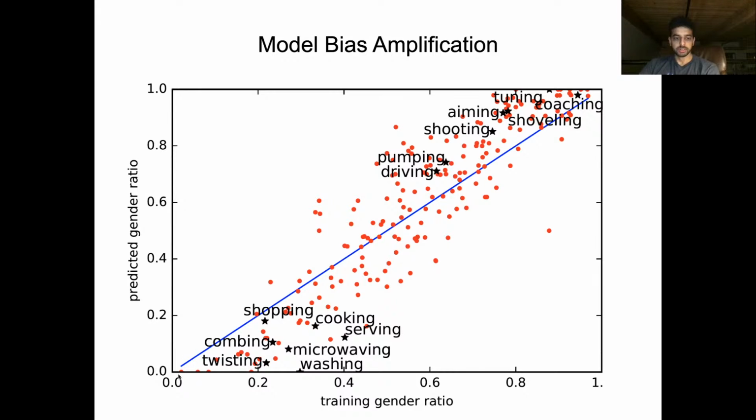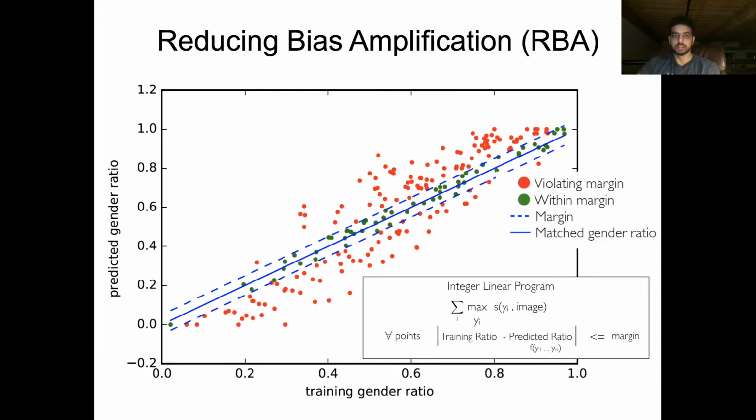If things were pretty balanced between training and prediction, then all of these red dots would be on this blue line. But the ones that are deviating sharply from the blue line are cases where the model has amplified the bias that was in the training data set. And so these are cases that we want to avoid.